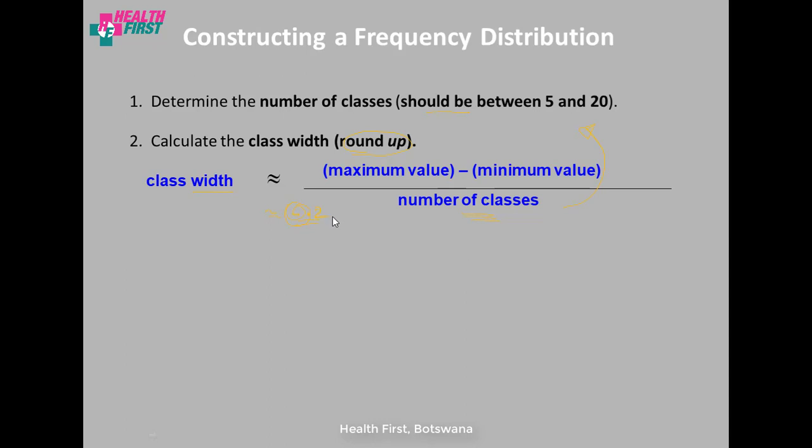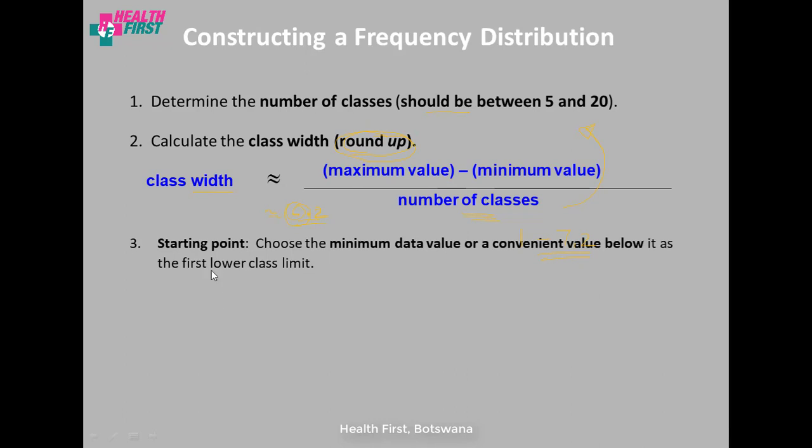If you want to simplify your distribution, you don't want a class width like 6.2 with classes running from 1 to 7.2, or something like that. You wouldn't want that, right? You would want whole numbers. And that's why we round up, okay?